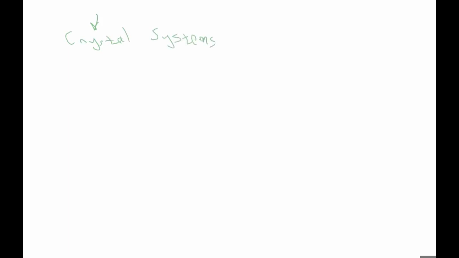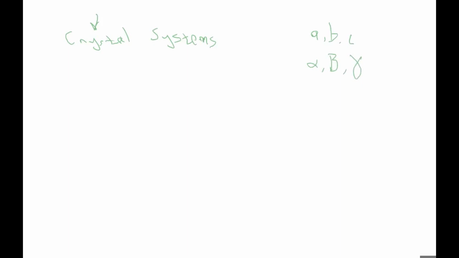Actually, you know we have a unit cell and lattice parameters A, B, C, and we have some angles, right? We have alpha, beta, gamma in between these three.